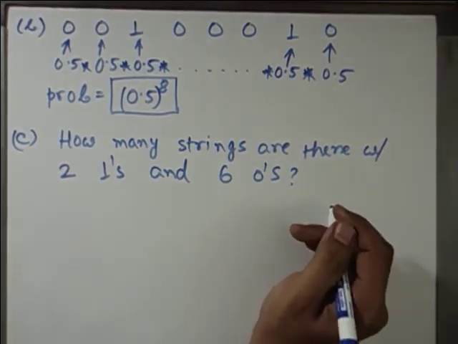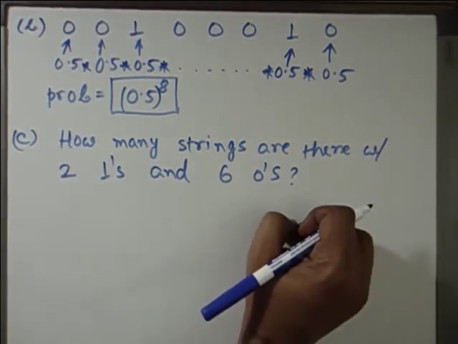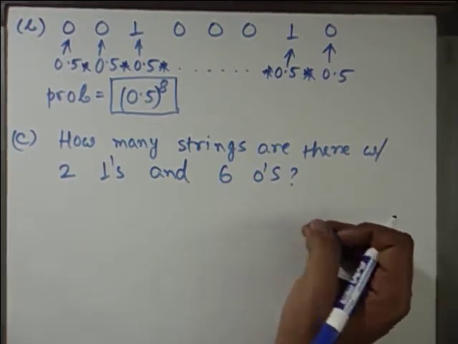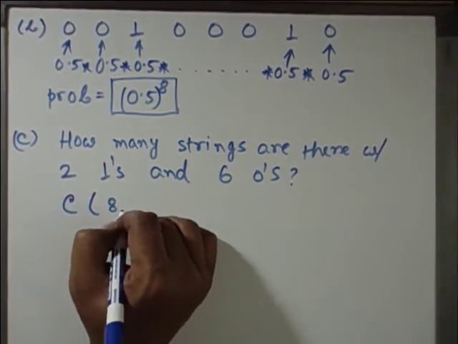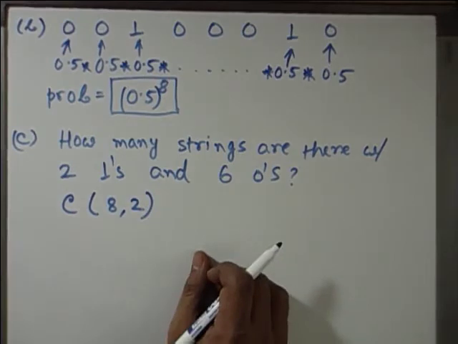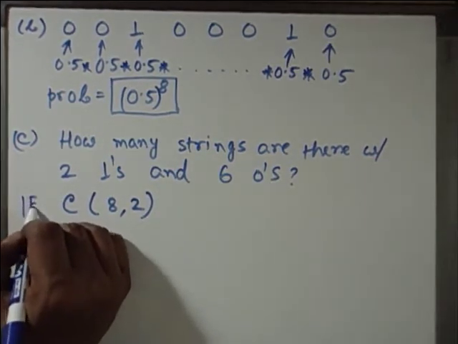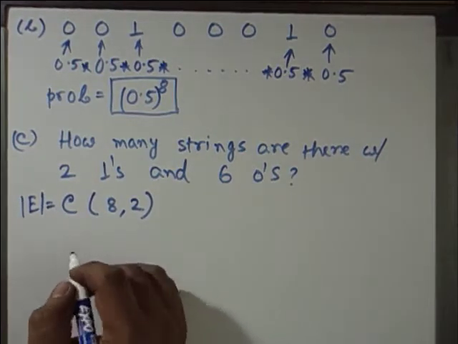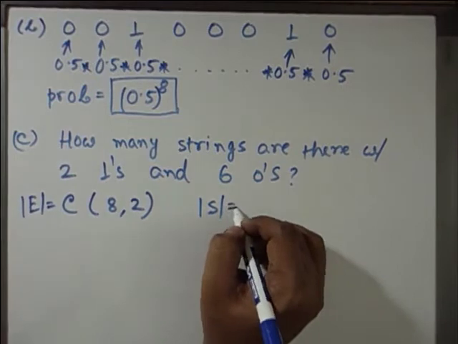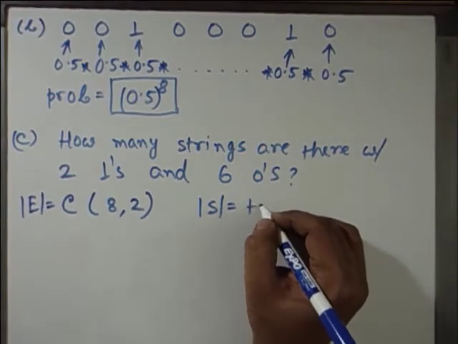Now that is a problem from the counting chapter. So there are 8 positions, 2 of them are ones. So how many different ways can you choose 2 positions from 8 positions? This many ways. So this is your event space's size, and the sample space is how many total strings there are.